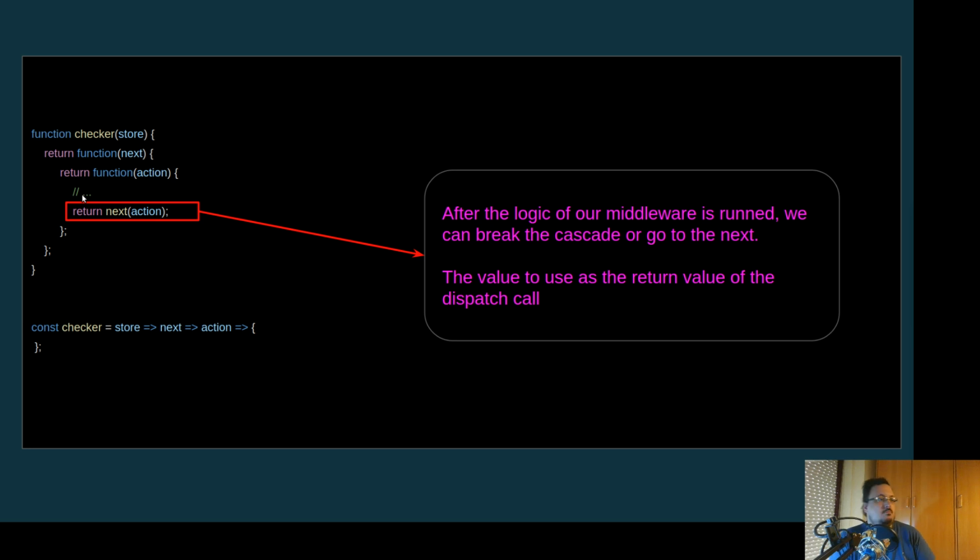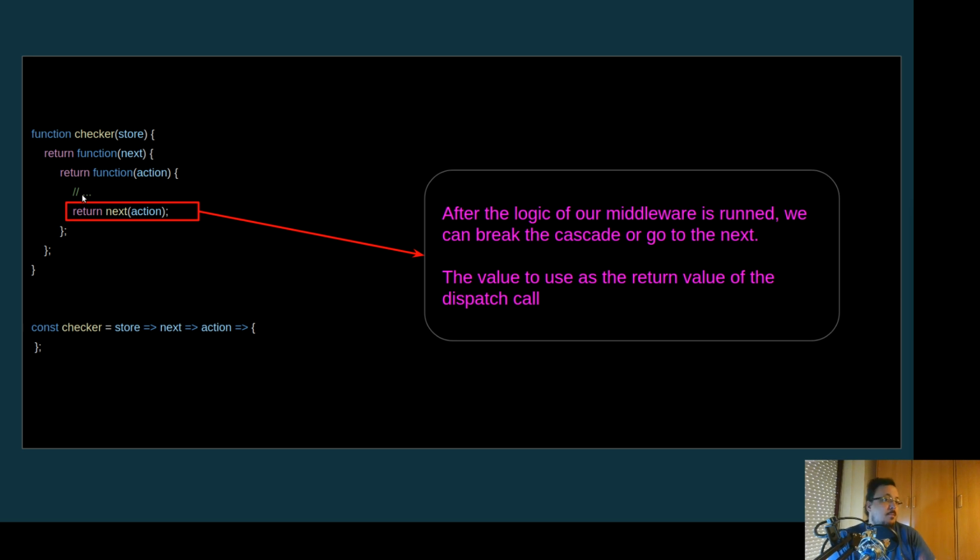If, after doing what we want to do, as an example the fetch API, we fetch the API and afterwards we want to dispatch the next action, we just return an invocation to the next function with the next action we have to build.